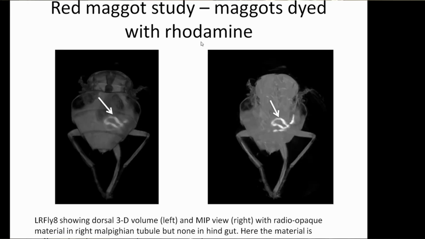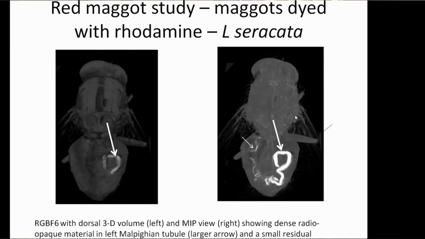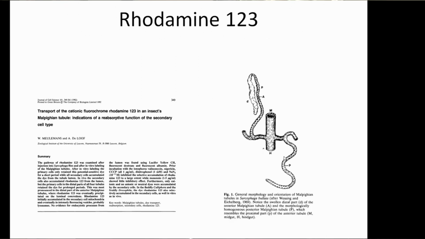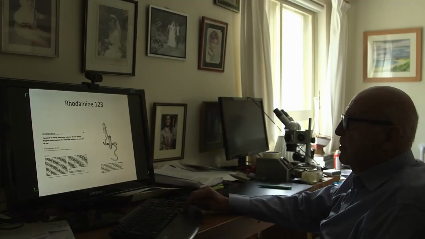So here is some still in the Malpighian tubules. Here it's emptying out of a Malpighian tubule, and here a lot still left behind. So there's no doubt that this dye may be good at attracting trout, but it seriously affects the poor old fly.